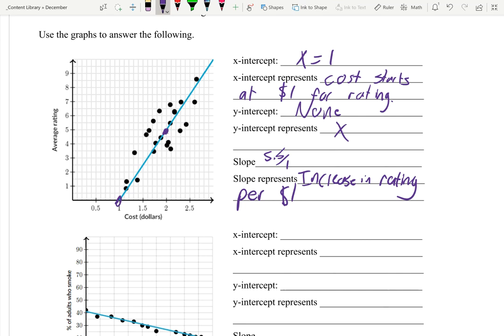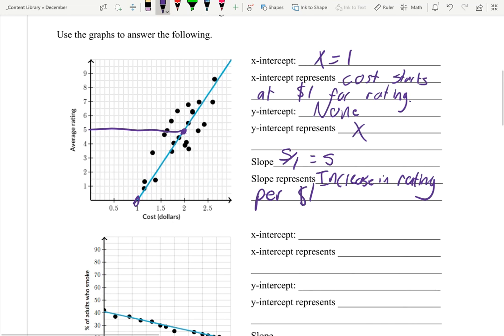But it looks like it's actually about 5. Maybe I did that badly. It looks like it's probably closer to 5. It's really hard to read on this graph, but we'll say 5 to 1, or just 5. So basically what it's saying is the rating will increase 5 for every dollar that is spent.